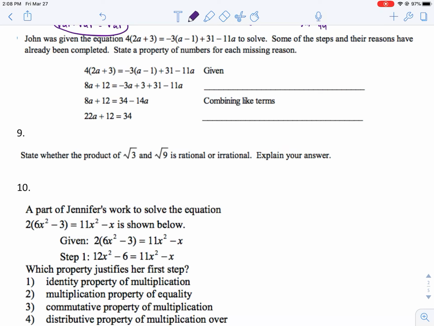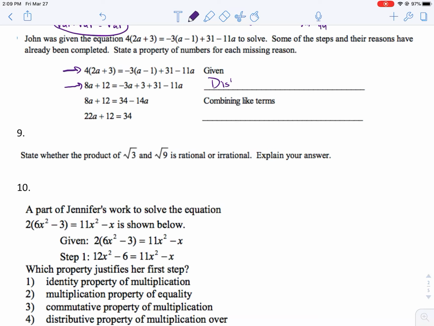So if we take a look at this one, this is our given. And take a look at this one right here. What is different? Looks like there's something different on both sides. They did some property in order to simplify the expression on both sides of the equal sign.